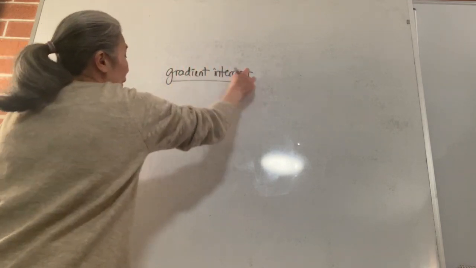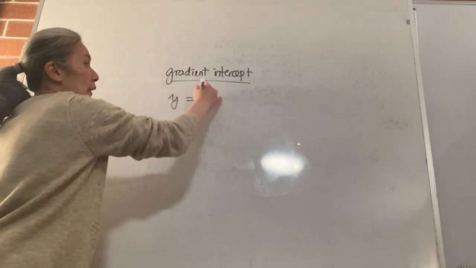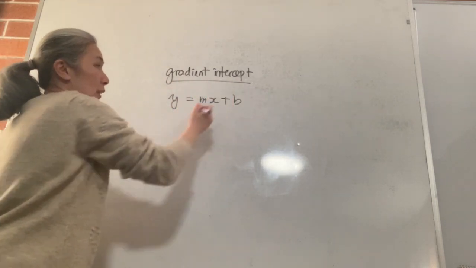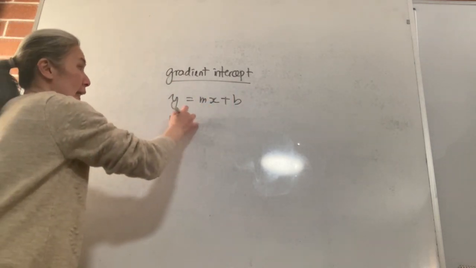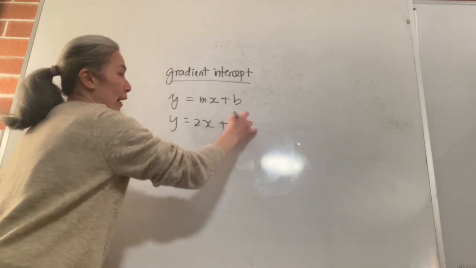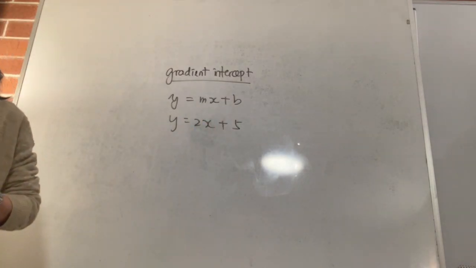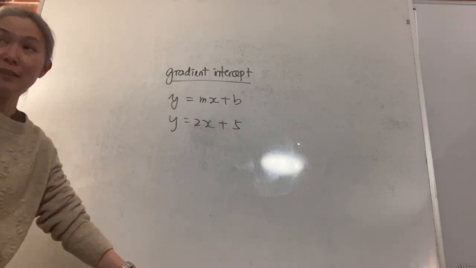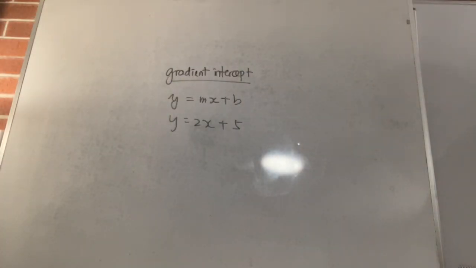Gradient intercept means write the equation as that, for example, y equal to 2x plus 5. That is what is meant by gradient intercept form. Yes, that's what you need to do.